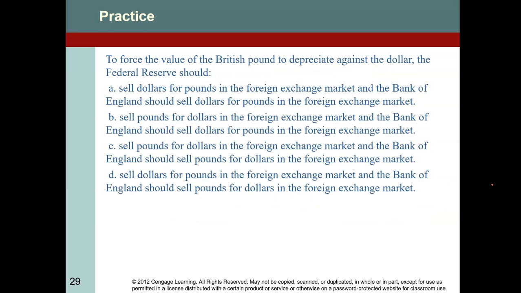Another practice question here. To force the value of the British pound to depreciate against the dollar, what the Fed should do and what the Bank of England should do. Again, I'm going to leave you 30 seconds here.